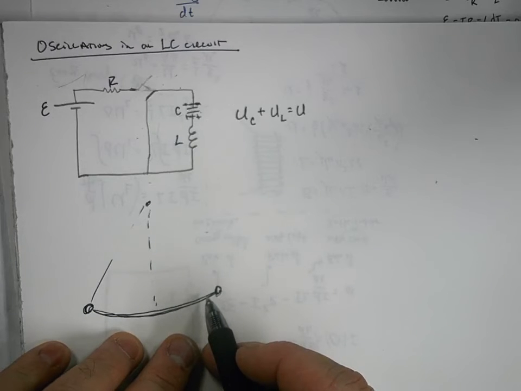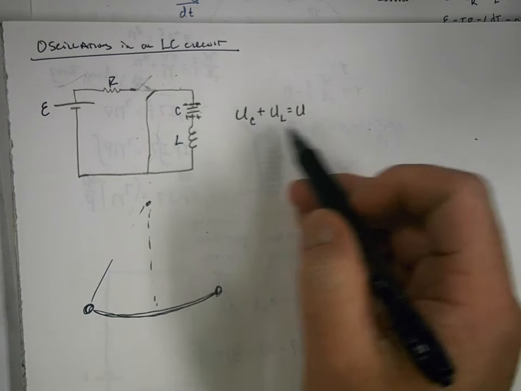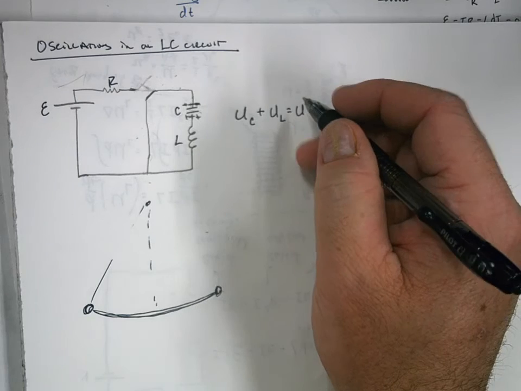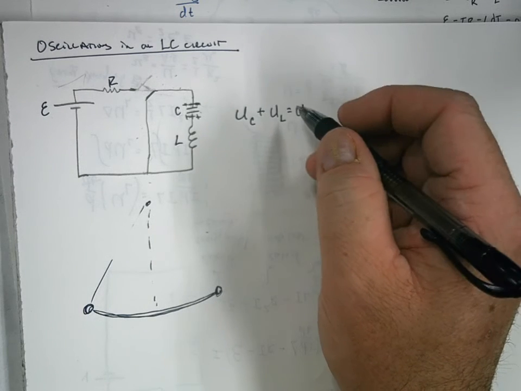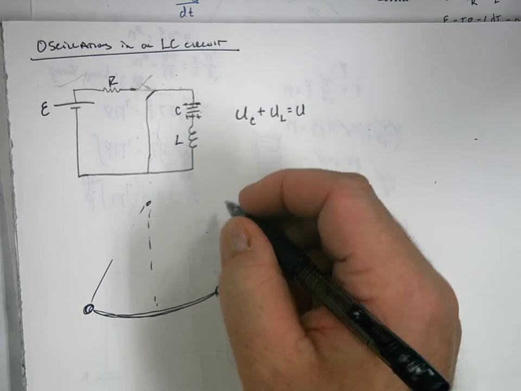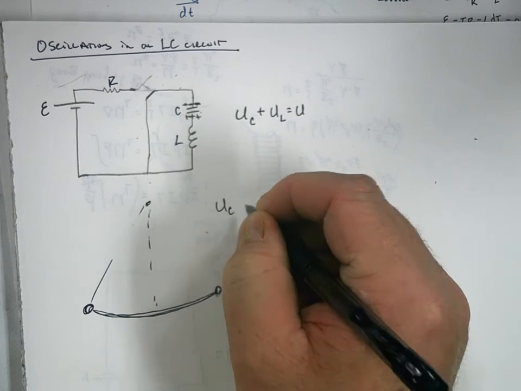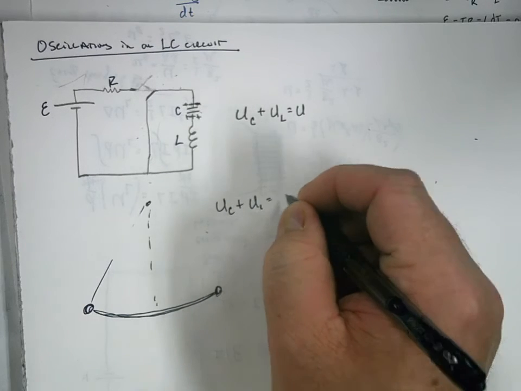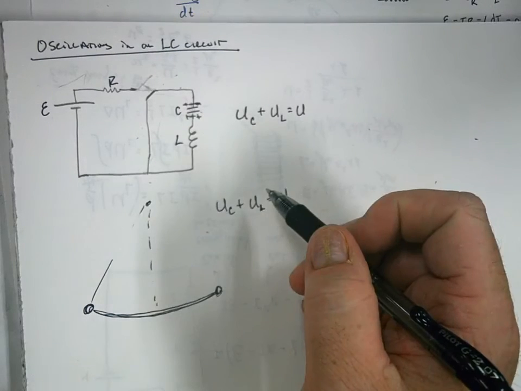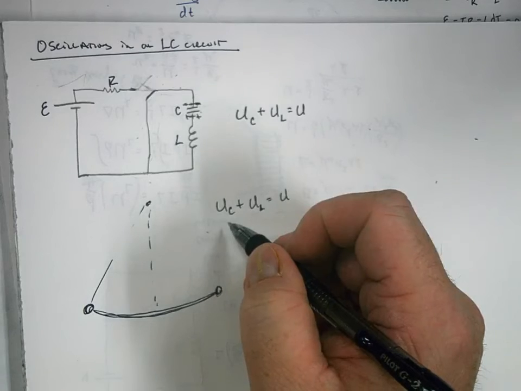Okay, well, now we have two different energy sources that are competing with each other for our total amount of energy, because the sum of these actually equals 0. Oh, I'm sorry, the total change in them equals 0. We still have the law of conservation of energy. Okay, so because of this, we have UC plus UL equals our total U. All right, what is the potential energy stored in the capacitor?